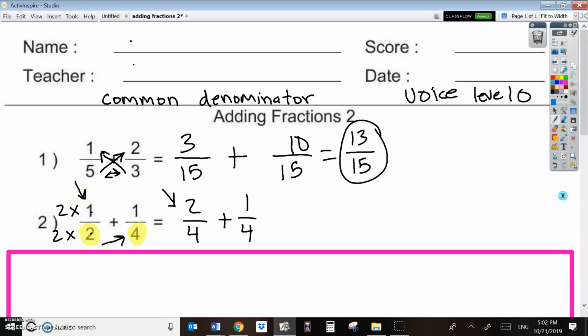That's really pretty simple. Denominators are the same here, so add the numerators and you get 3 over 4, and that cannot be simplified anymore either.